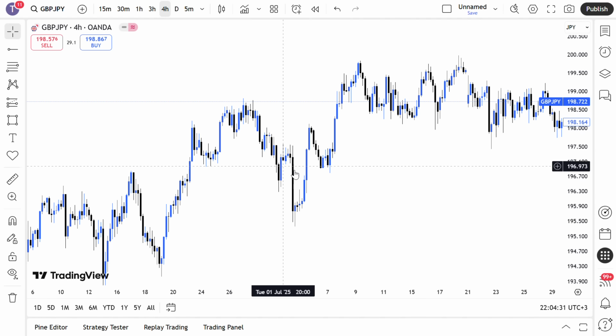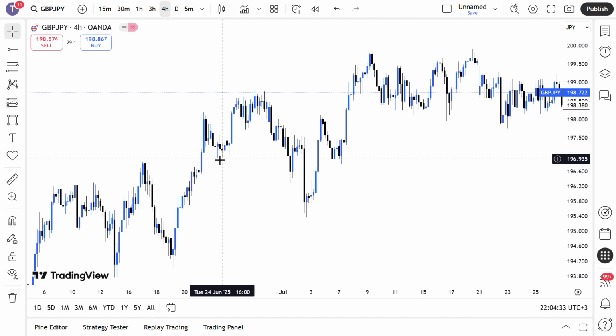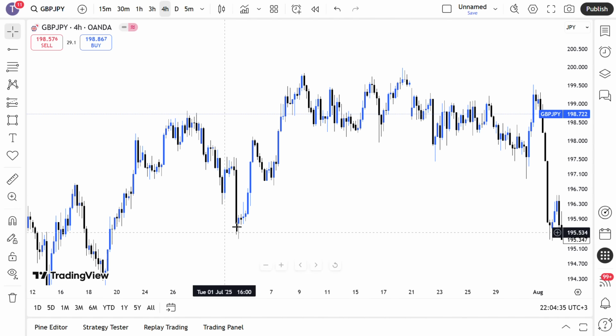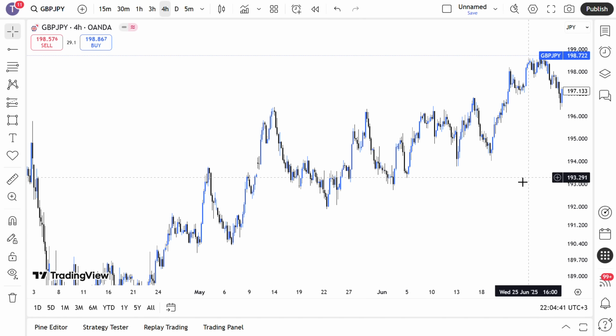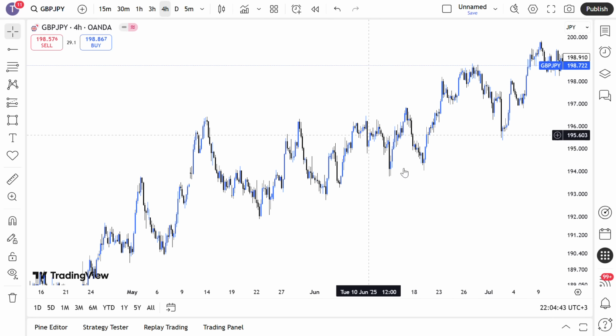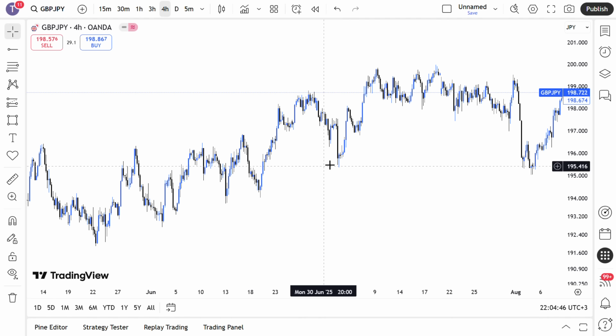Later, the market came back down to sweep this low as the inducement and then went back up to break this structure. And generally from this other side, as you can see very clearly, the market is making higher highs and higher lows.